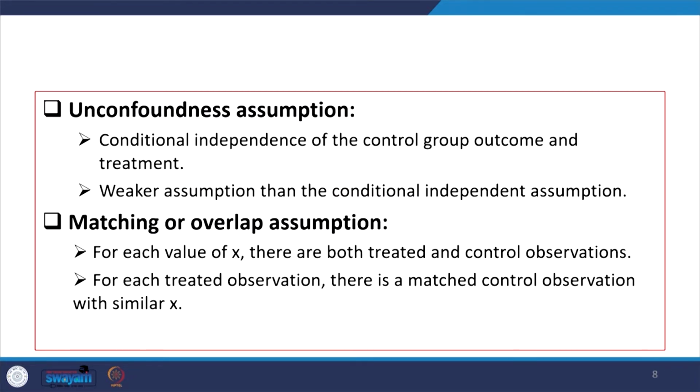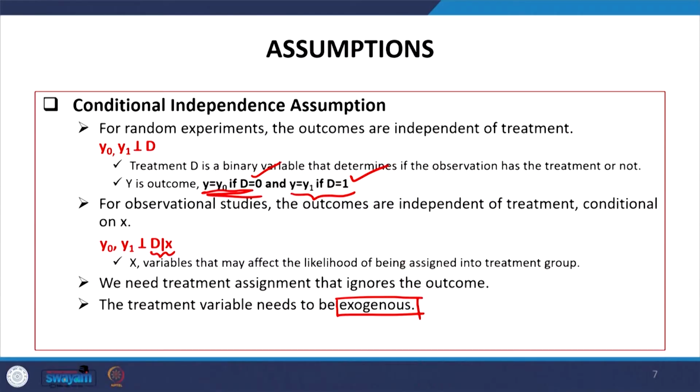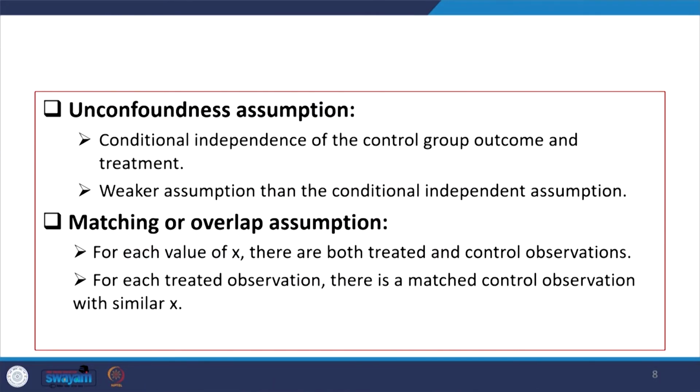Some other assumptions are also emphasized, like the unconfoundedness assumption. This says that there is conditional independence of the control group outcome and the treatment. So, there should also be independence between the control group and the treatment.